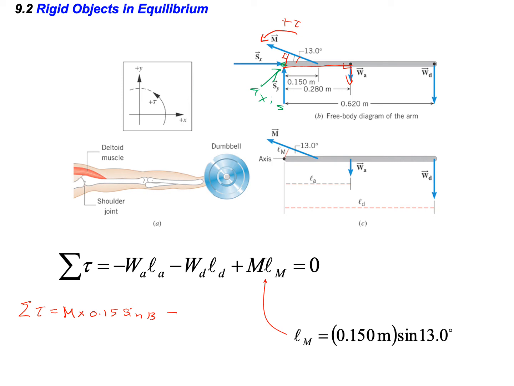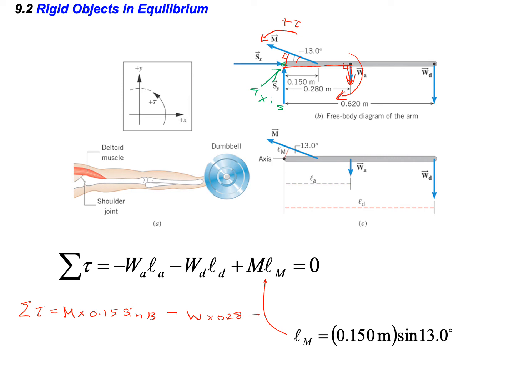So weight of the hand times the distance 0.28, with a minus, because because of this weight force, the hand tries to rotate in the clockwise direction.